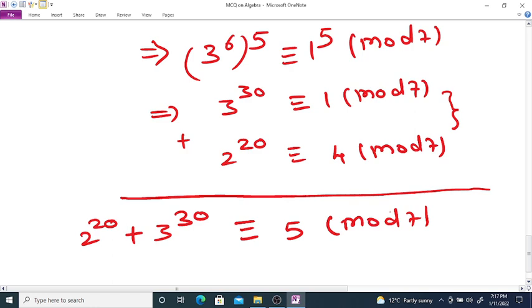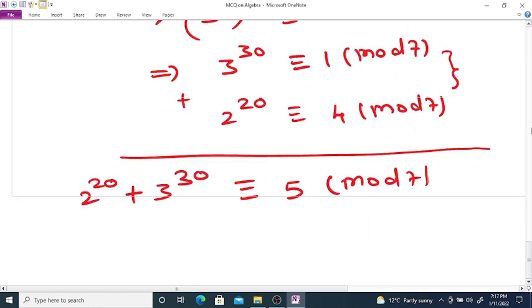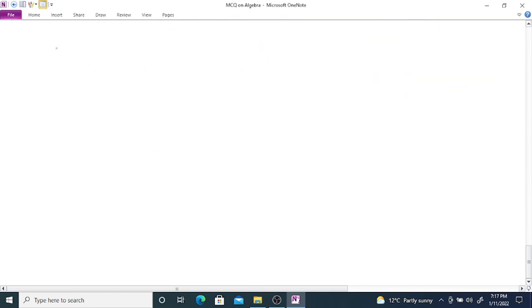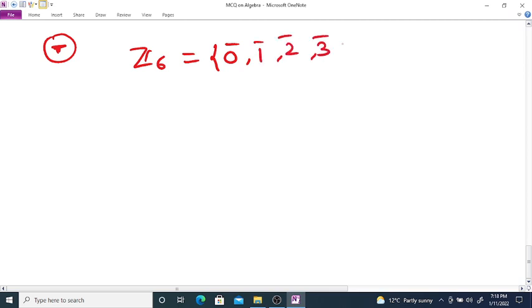Now the next question is find an element. Okay, we know that again in Z6 is equal to 0 bar, all the equivalence classes modulo 6, so it is 0 bar, 1 bar, 2 bar, 3 bar, 4 bar and 5 bar.